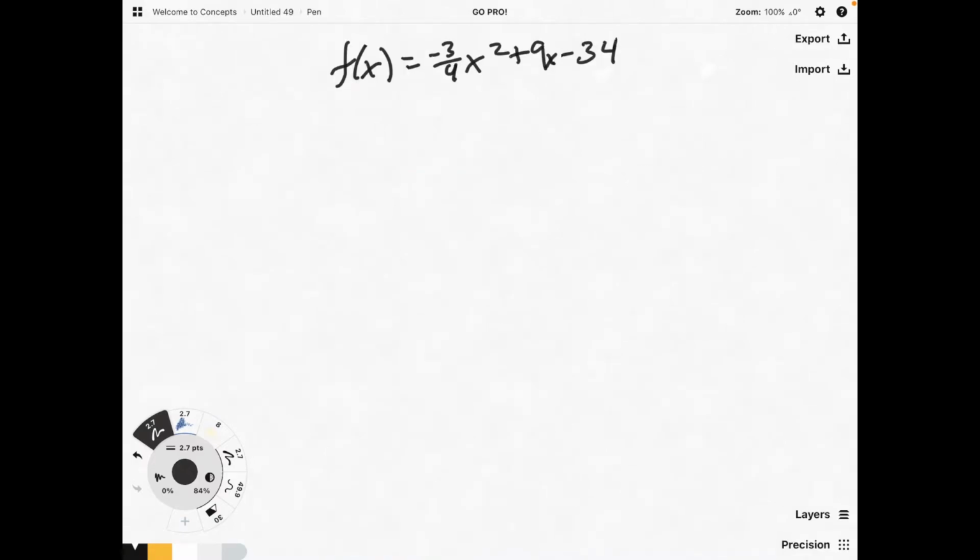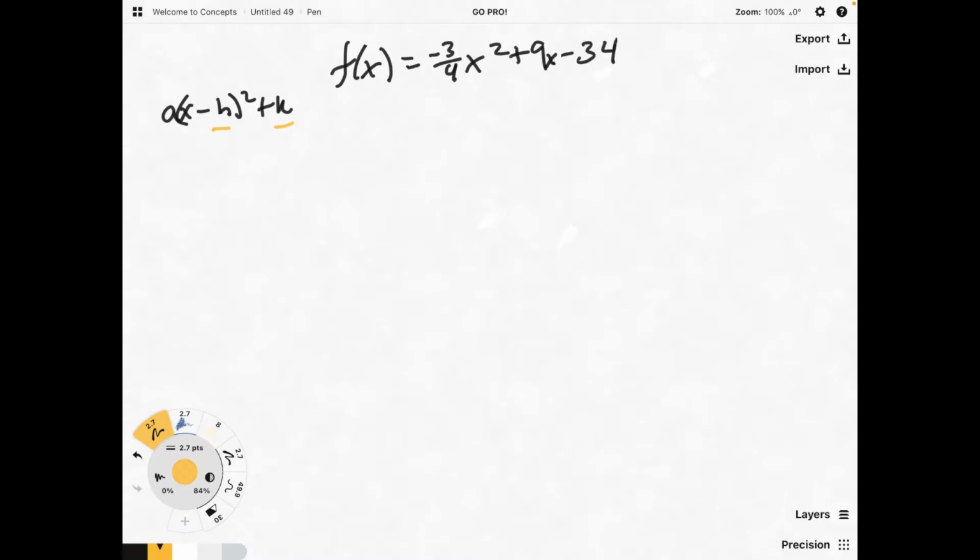All right, looking at our first problem, we have the function f of x equals negative 3/4 x squared plus 9x minus 34. And the question is to find the vertex of this parabola. If we were given the standard equation for a parabola with the vertical axis, a times x minus h squared plus k, then we would be able to use the values h and k as our vertex, and that would solve the problem.